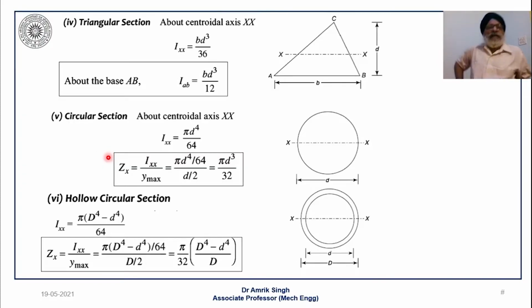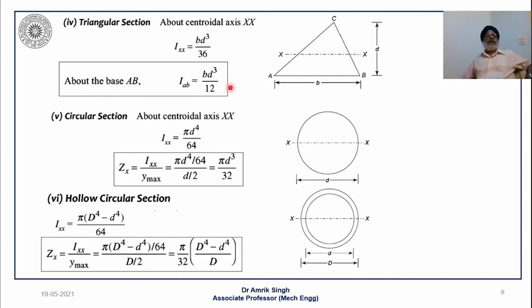Now for the triangular section, we know I_XX is bd cube upon 36. About AB, it can be bd cube upon 12. How can we calculate it? We know the area of this triangle, and this distance will be d by 3, so this plus A into (d by 3) whole squared.